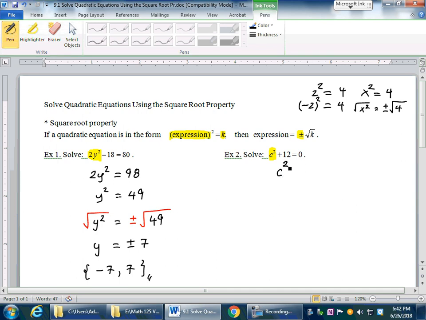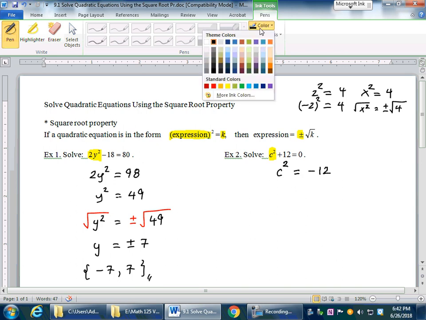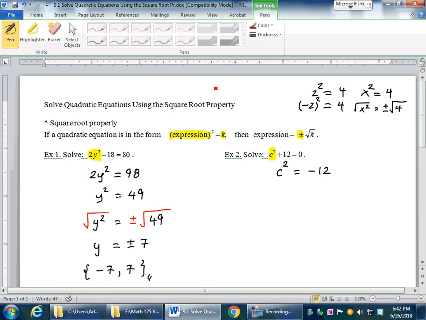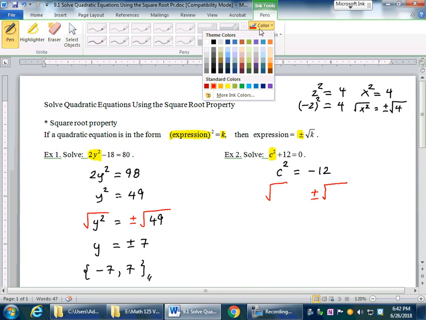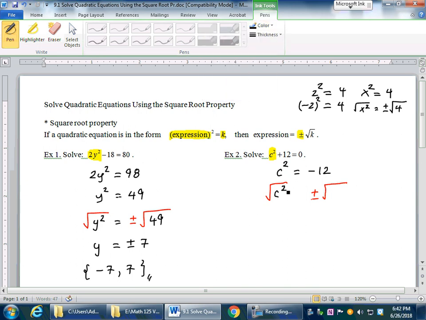First I isolate the square term by subtracting 12 from both sides. Now I can apply the square root property, taking the square root on both sides with plus or minus. So c squared is equal to negative 12, and the square and square root cancel out, so c is equal to plus or minus the square root of negative 12.